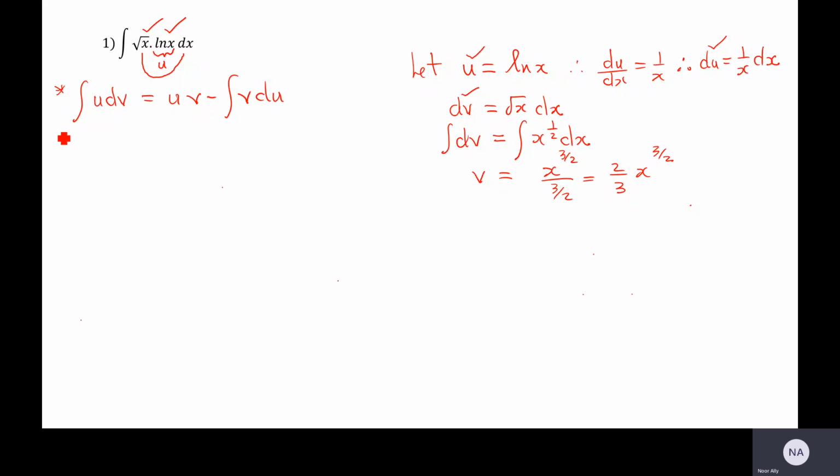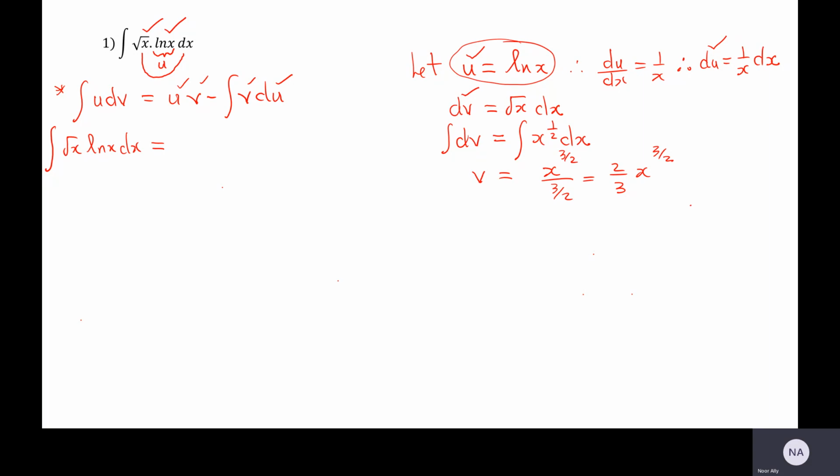Below that, I'm going to write the problem itself, the integral of square root of x ln of x dx. And that's the left-hand side. Now, all I have to do is substitute all of these, which we have already worked out. So what is u?